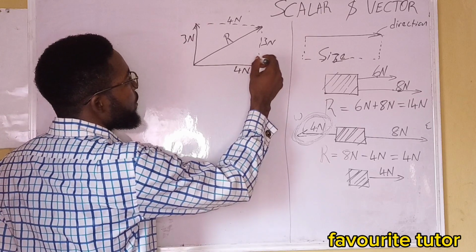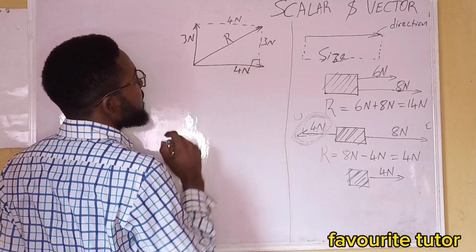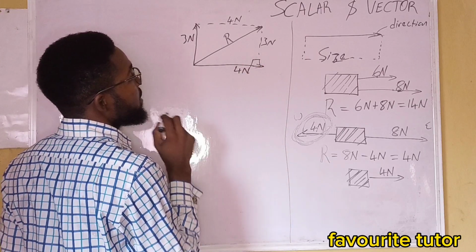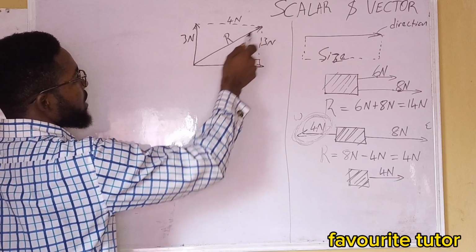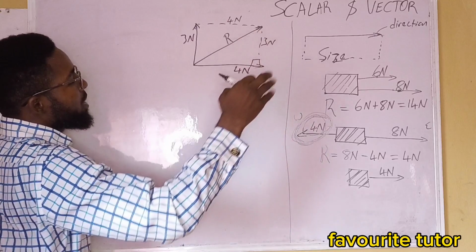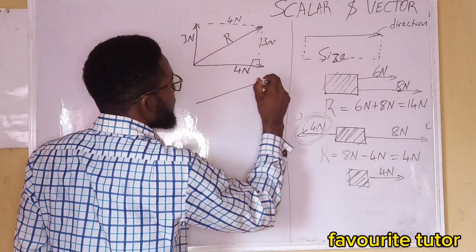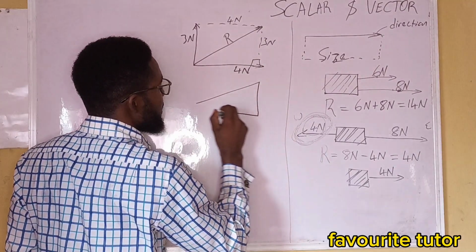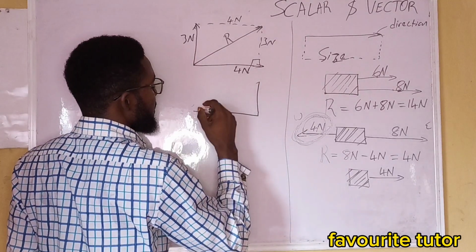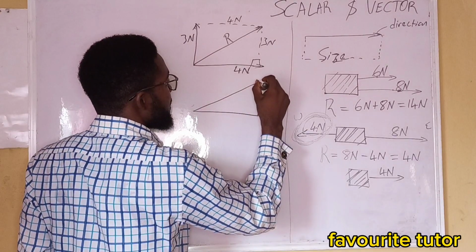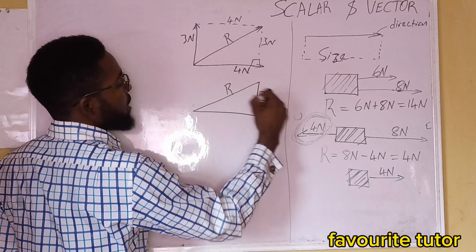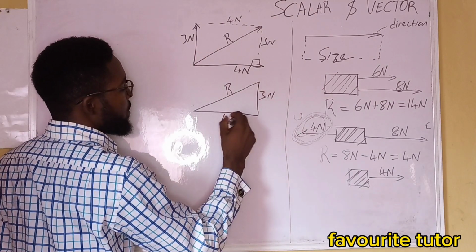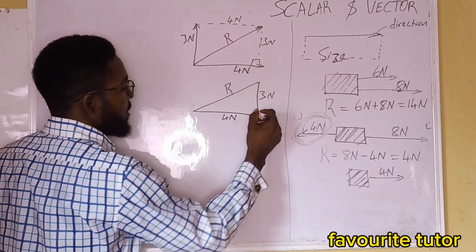So we have an angle of 90 degrees. For us to get this resultant, if I bring out one side of it, I'm going to have something like this. Here is 3 Newton, but here is 4 Newton.